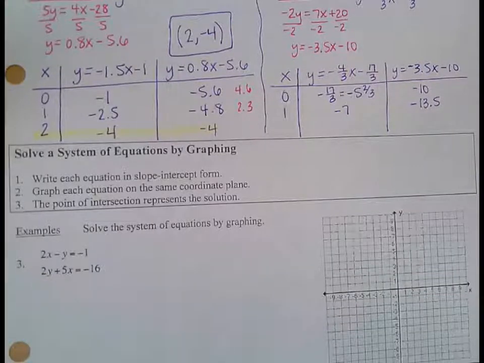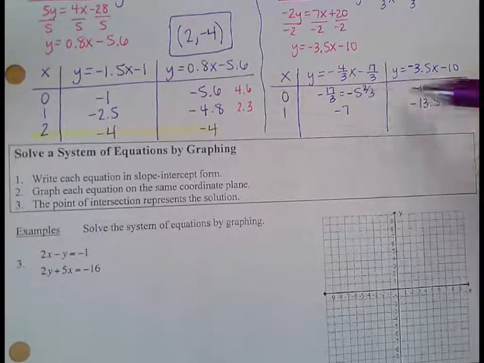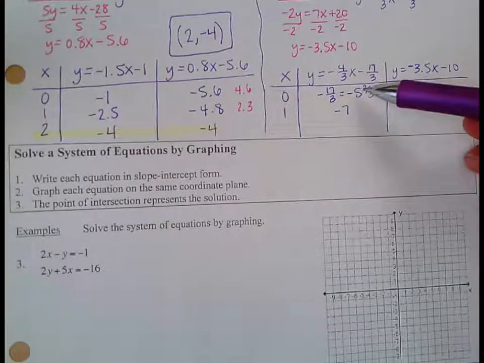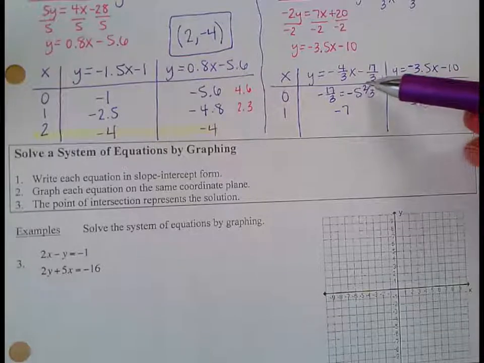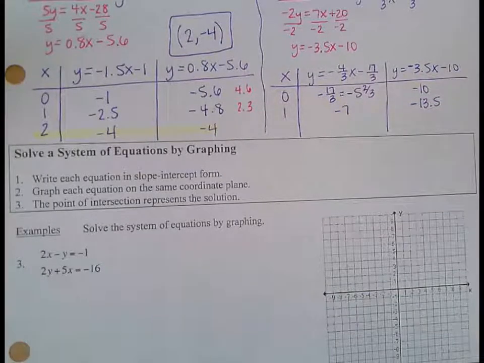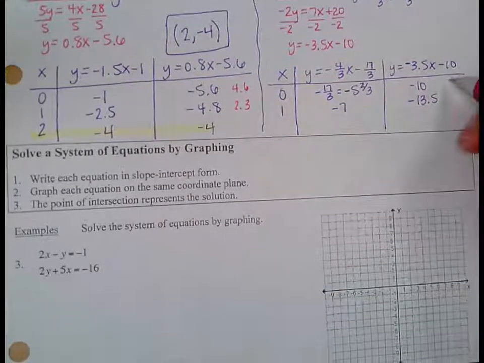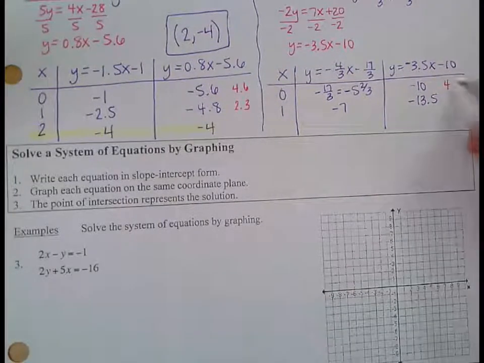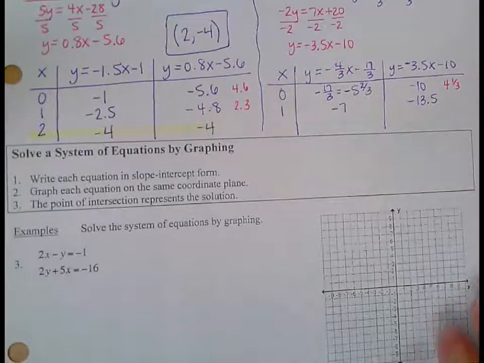Okay, if you're not sure, I heard John say farther apart, but there's silence everywhere else. So if you're not sure, subtract them. So if I take negative 5 2/3, I could even round that, say it's negative 5.7, because it's negative 5.6 repeating. So if I take negative 5.7 and I subtract negative 10, that is a difference of 4.3, so it'd be 4 1/3.